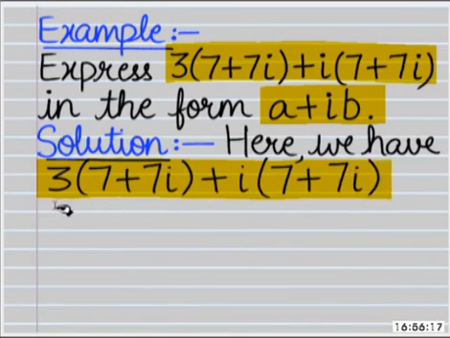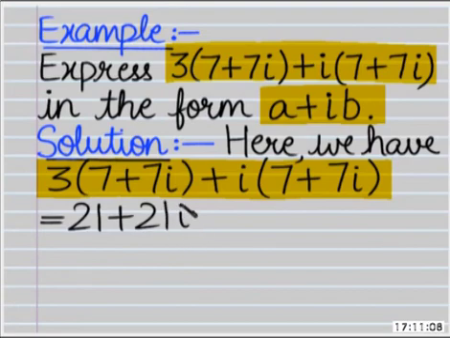We have to express it in the form a plus iota b. On solving it, it is equal to 21 plus 21 into iota plus 7 into iota plus 7 into iota square.